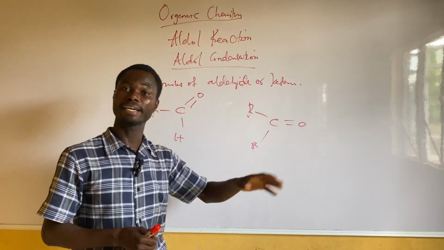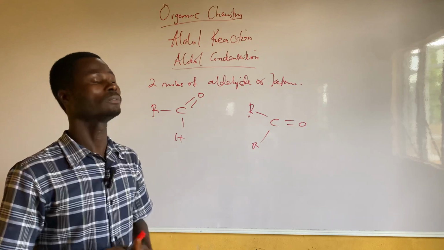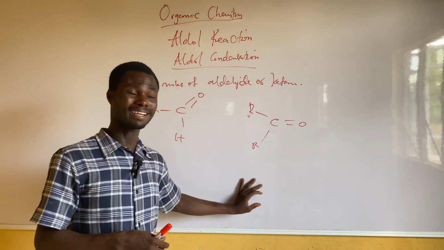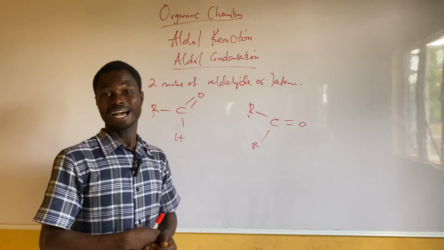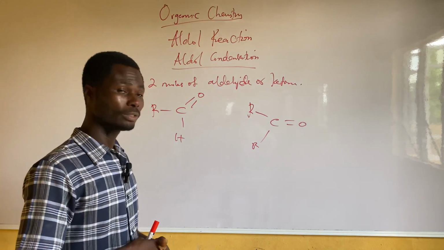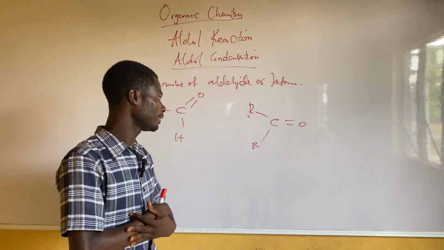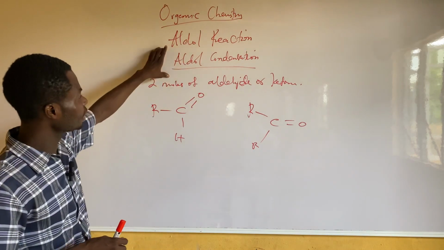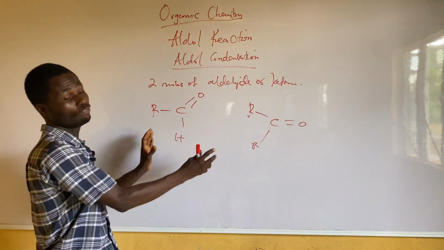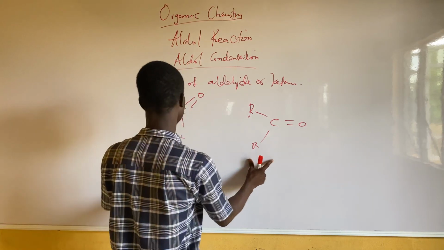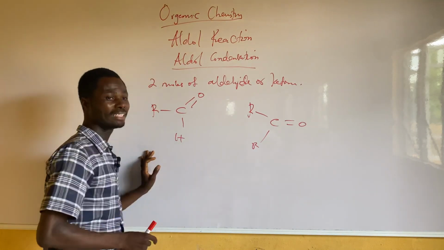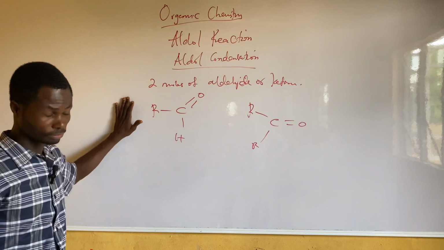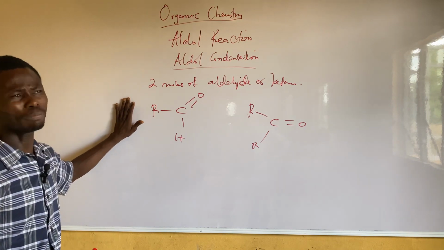We have other things like acid anhydrides, esters, carboxylic acids, acid halides. These are also various forms of carbonyl compounds. Is that okay? But this particular reaction has been studied for aldehydes and ketones.